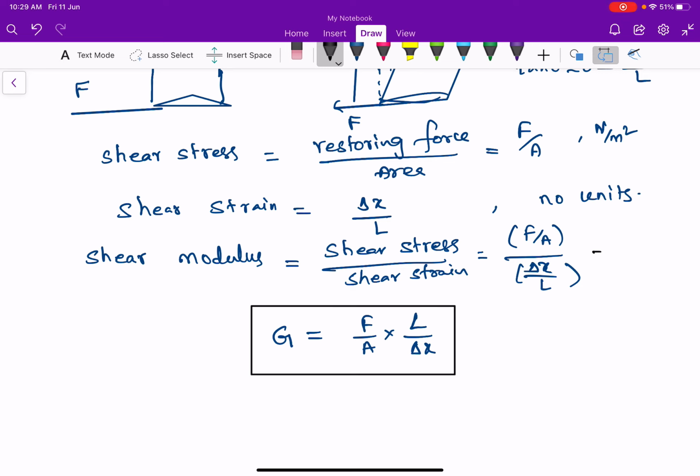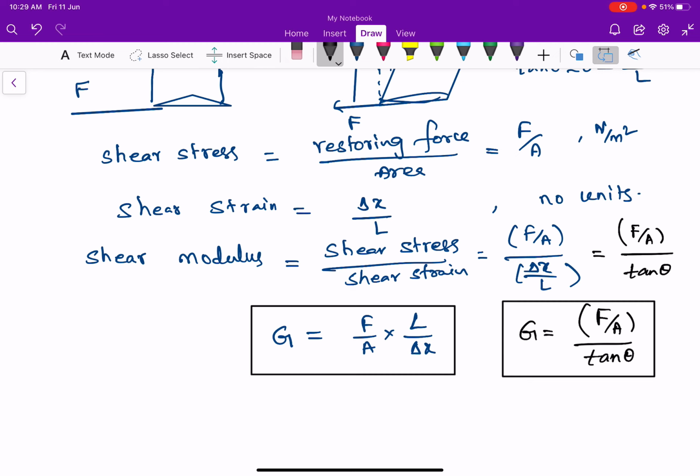And now from here, F by A divided by delta X by L is nothing but tan theta. In other terms, the G value is also given by G is equal to force per unit area divided by tan theta. This is another form of shear modulus.